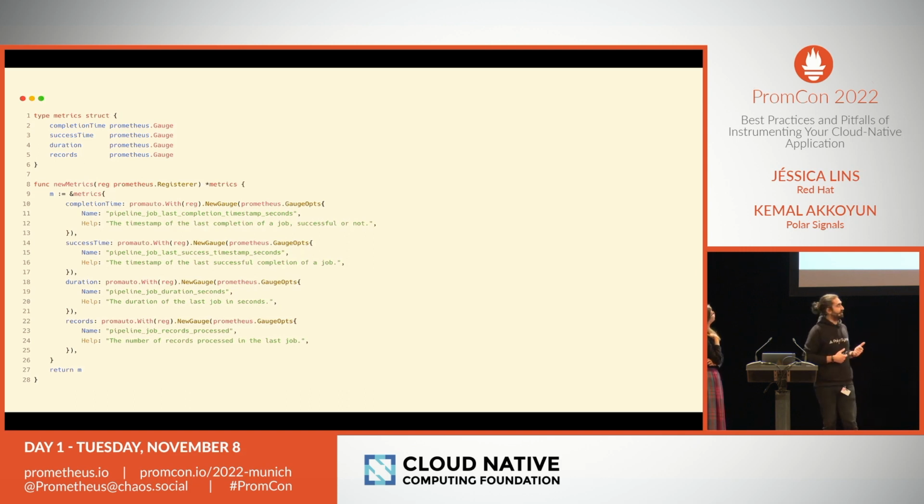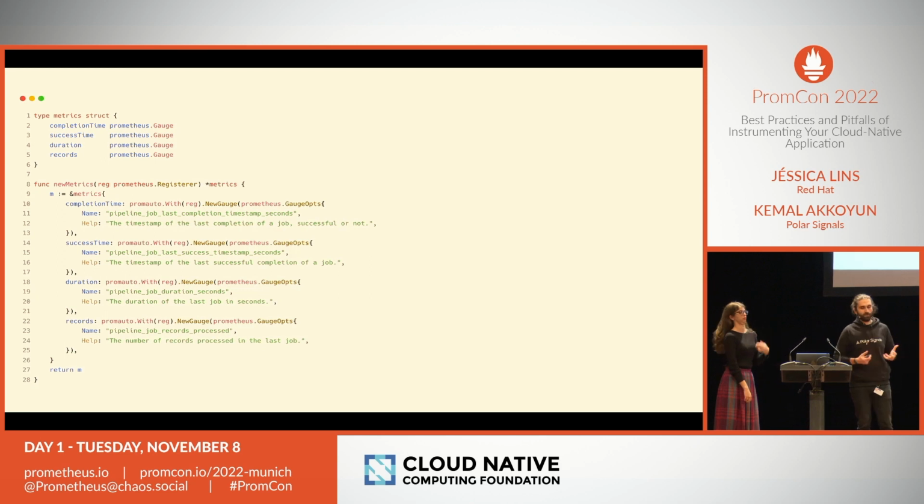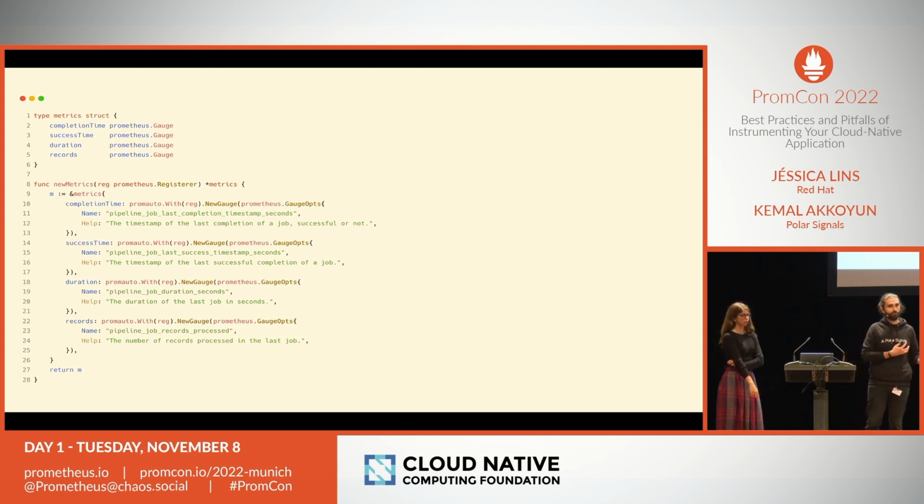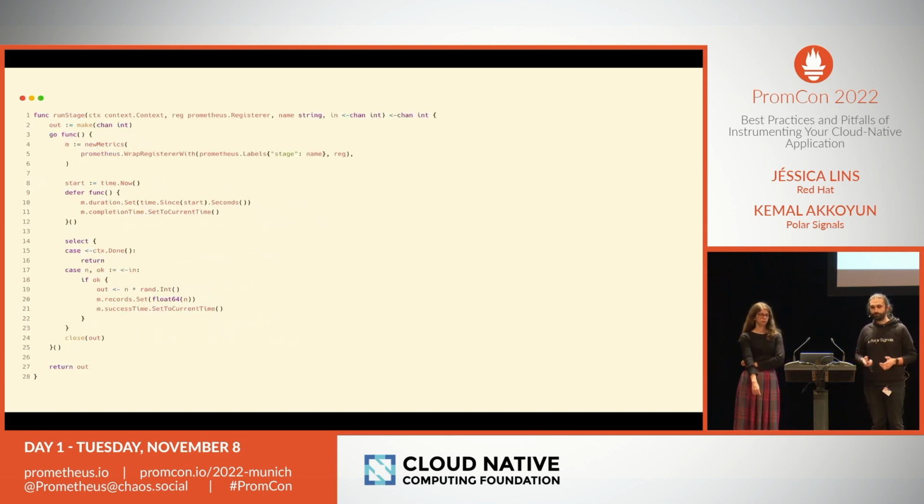There are several use cases with this pattern, which we'll see in different parts of the system. But just to foreshadow it, for each subsystem, you can wrap that registry with either a prefix or a label so that you can reuse the same metric structure and metrics throughout your system.